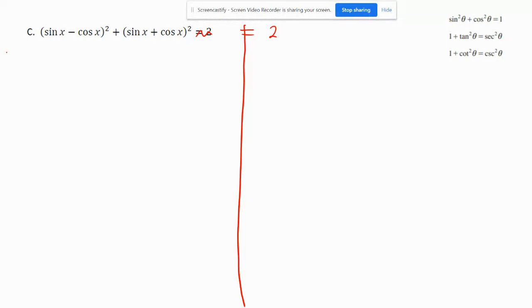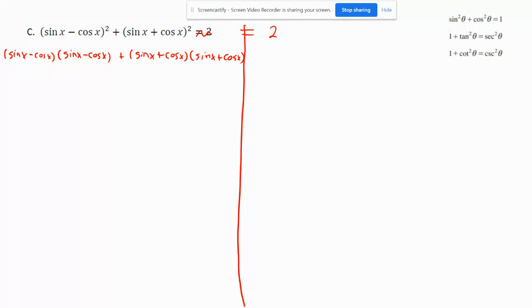So this means we have sine x minus cos x times sine x minus cos x plus sine x plus cos x times sine x plus cos x. Now we need to use our distributive property for each of these two multiplications.